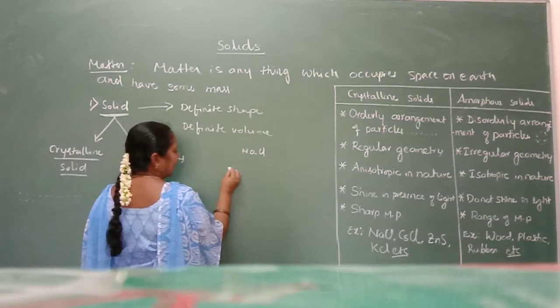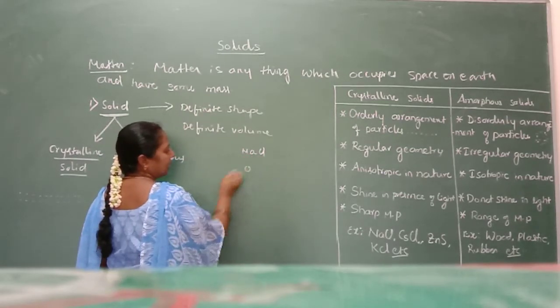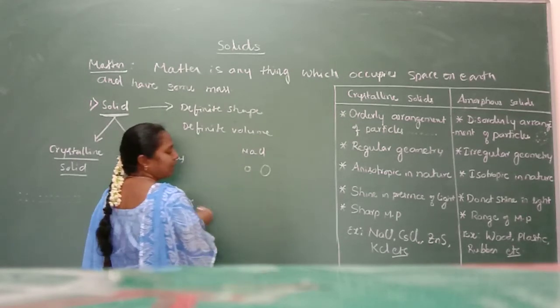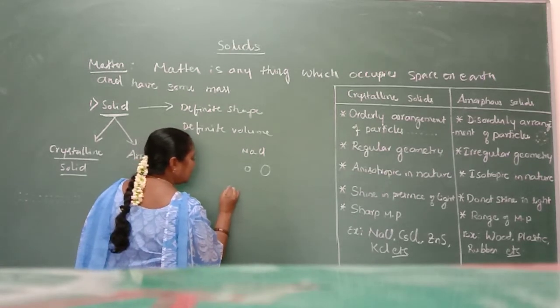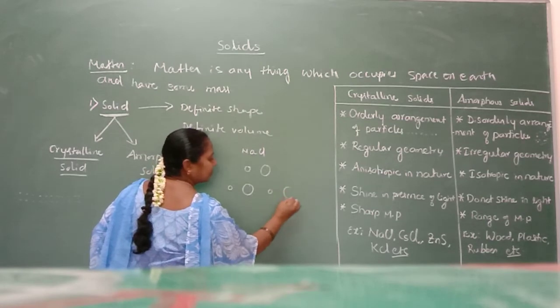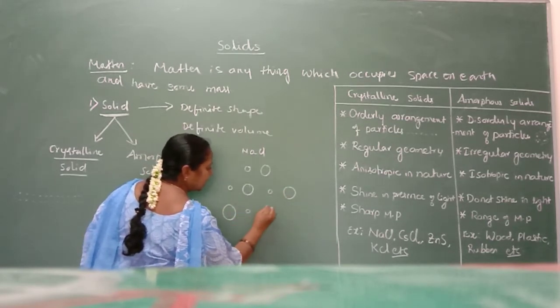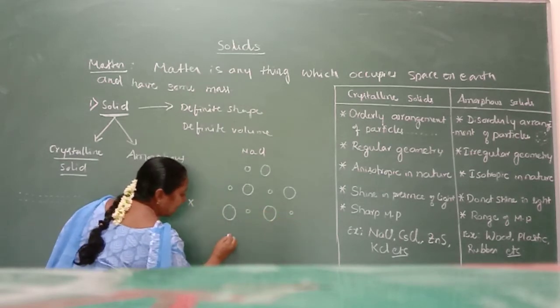We will take the Na+ ion as a small sphere and the Cl- ion as a large sphere having a larger radius. We will arrange these particles like this, and also in a different manner like this.